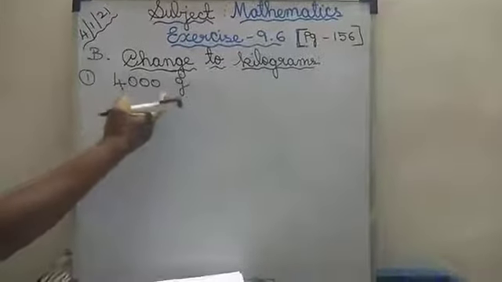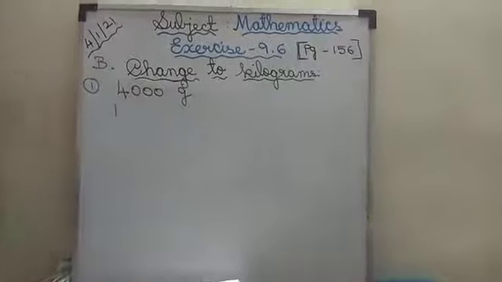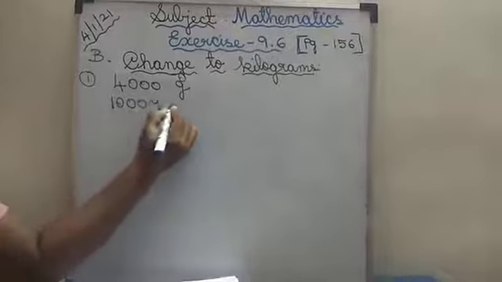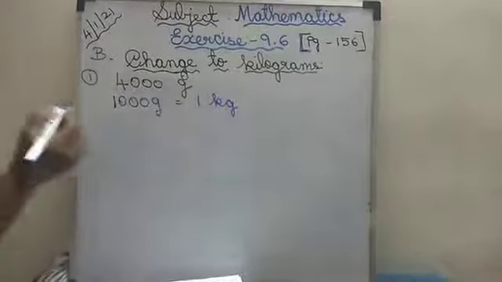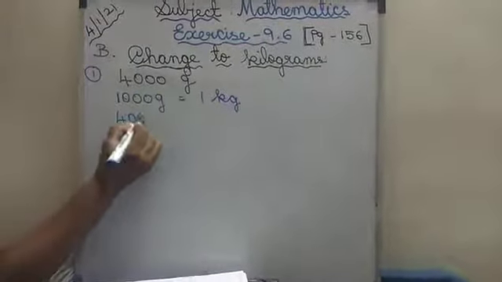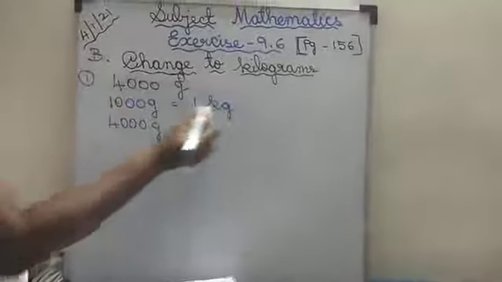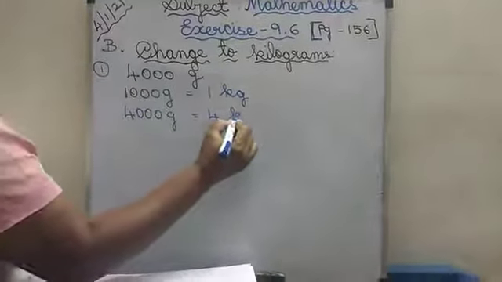So we have to convert this to kilogram. 1000 gram is equal to 1 kg. So 4,000 gram means what will come, children? 4 kg.